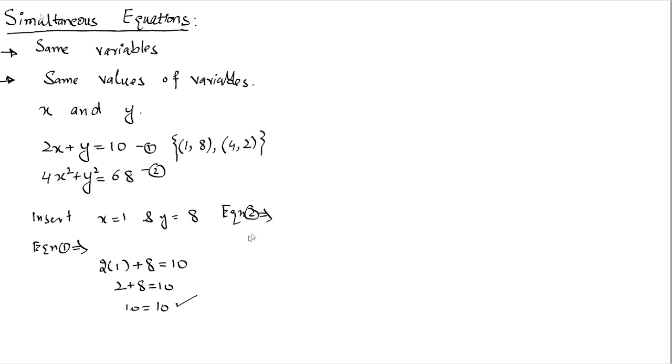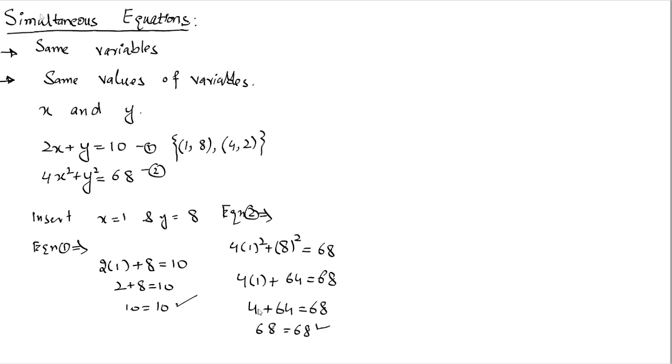Similarly, equation number 2 implies that 4 into 1 square plus y square, inserting y is equal to 8, 8 square is equal to 68. So 4 multiplied with 1 plus 8 square, which is 64, is equal to 68. 4 plus 64 is equal to 68. 68 is equal to 68.